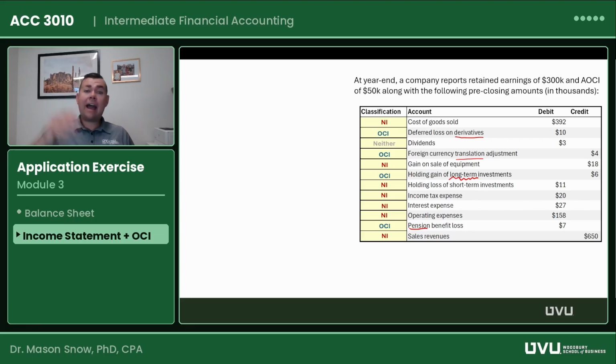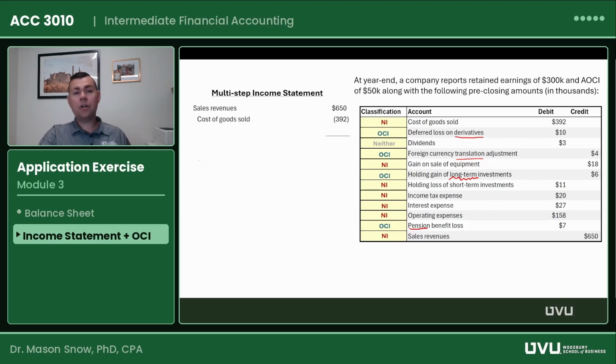Well, now that we have all of these net income accounts, that's going to help us a lot to prepare a multi-step income statement. And I bet all of you very quickly knew at the top line, we've got to have sales revenue minus cost of goods sold to arrive at gross profit. This reflects top line profitability. How much are you selling your goods and services for, and how much does it cost you to acquire or produce those?